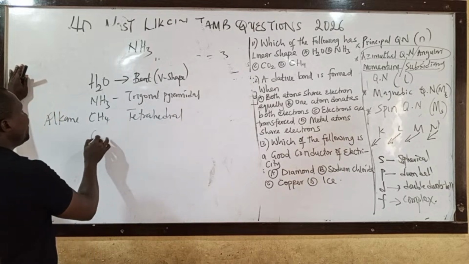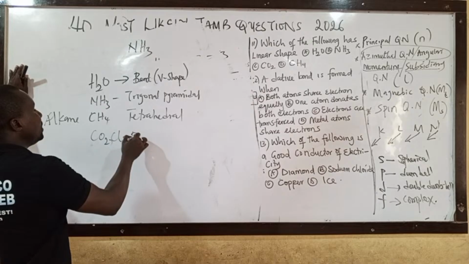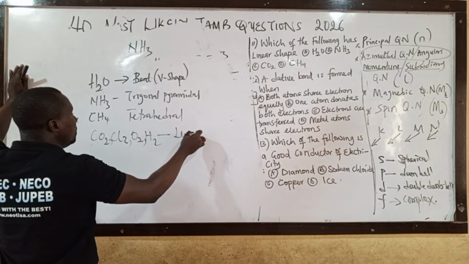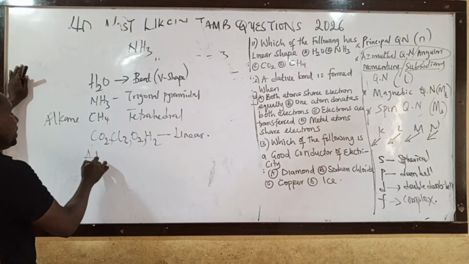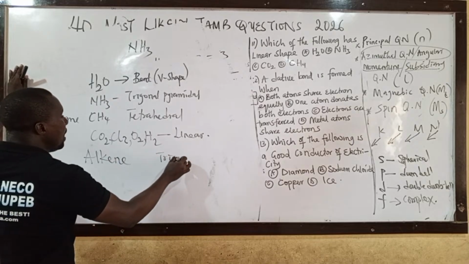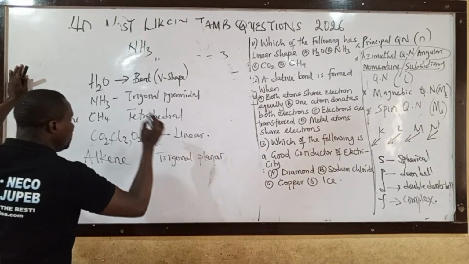The shape of CO2, chlorine gas, oxygen gas, hydrogen gas are linear in shape. The shape of alkene, trigonal planar. In JAMB, I will explain this one better.